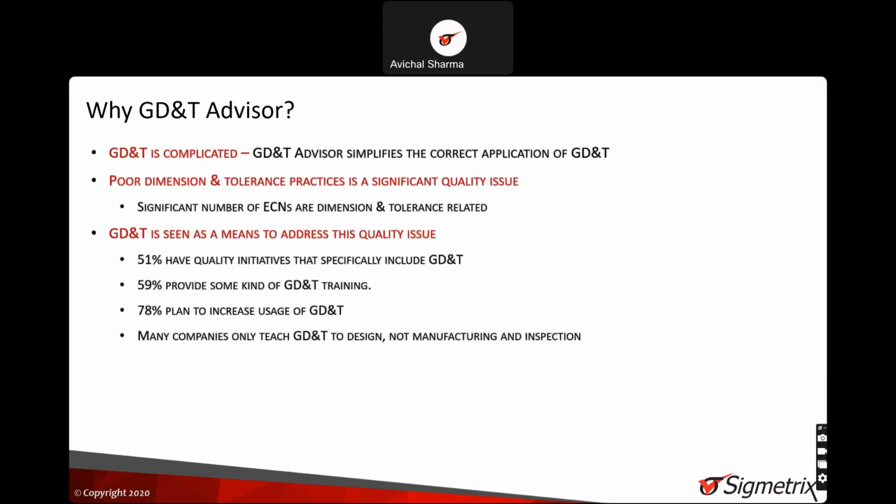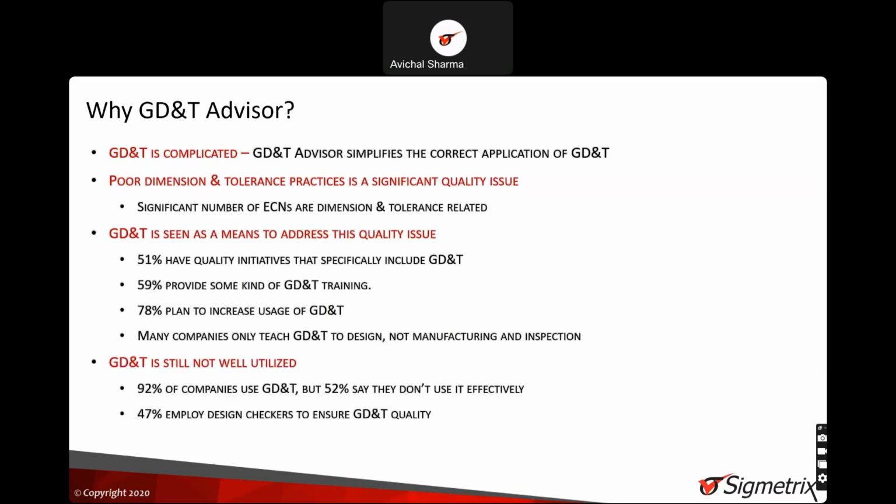Many companies, and this is based on a survey, have mentioned that they want to use GD&T, but they are not able to utilize it because of either lack of expertise or lack of a defined process to implement GD&T. And then again, people with intermediate knowledge of GD&T start arguing about what is right, what is wrong, which symbol should be applied on which feature.